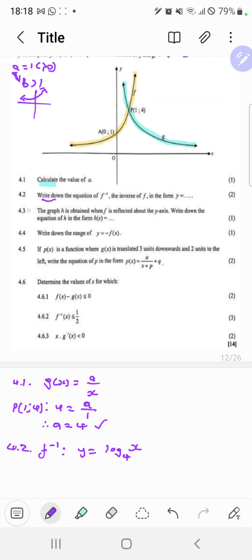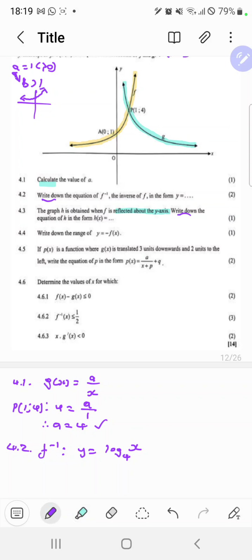We're doing fine. Now the graph of h is obtained when f is reflected about the y-axis. Okay, the graph of h, this is another thing now, is obtained when this is reflected about the y-axis, meaning it's a horizontal reflection. Now it says write down the equation of h in the form. Again, the question says write down.